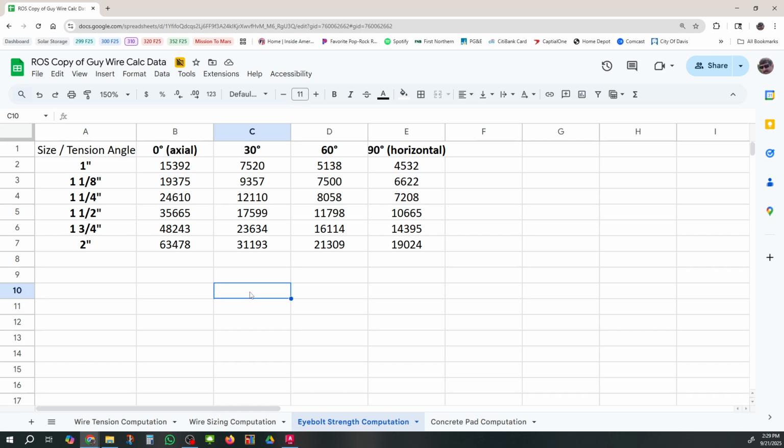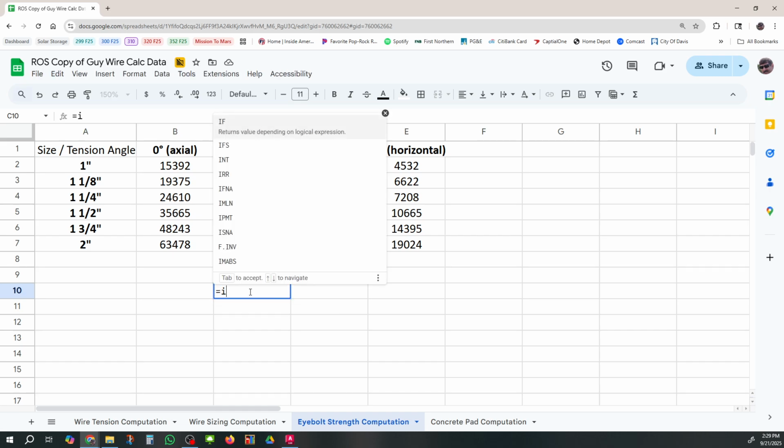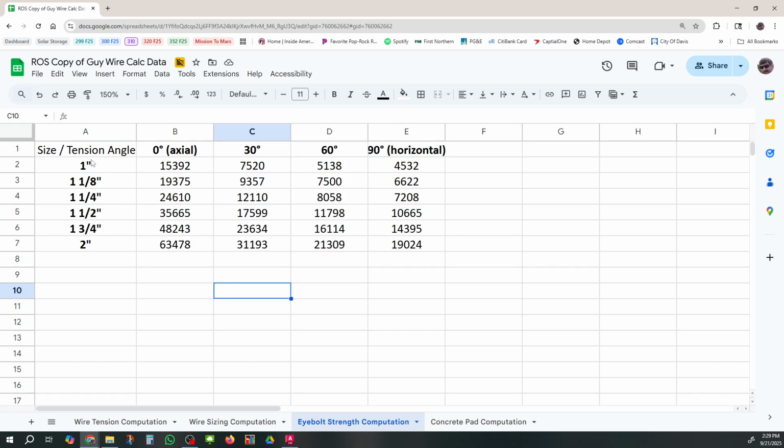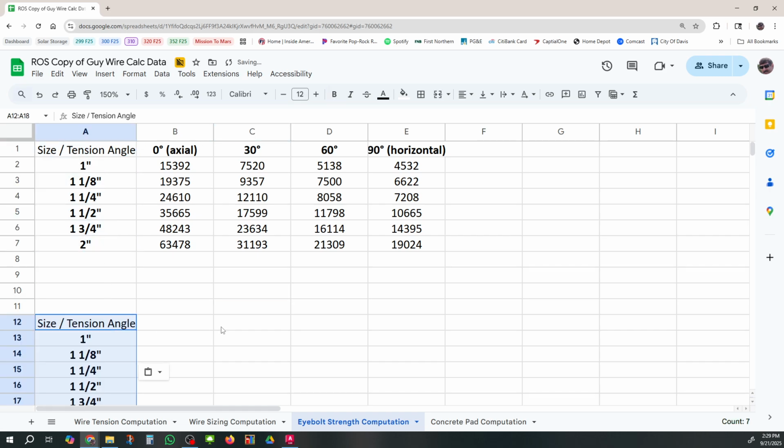So again, I can say equals if, let's copy these ones right down here. And I know I have to be checking my 30-degree column.